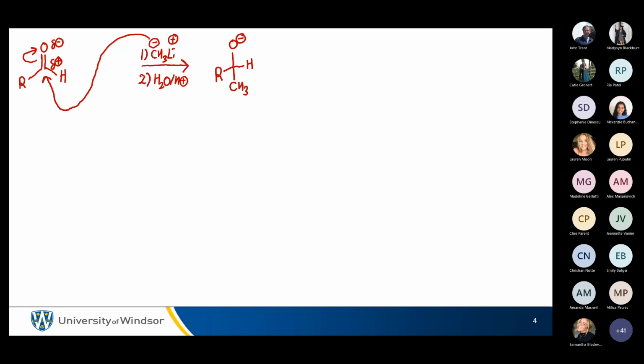Okay, so let's come back to Madeline's question over whether we should put equilibrium arrows here. Is this reaction readily reversible? Let's think what we had. We had CH3 minus and a carbonyl, and on the right-hand side, we have this O minus species.